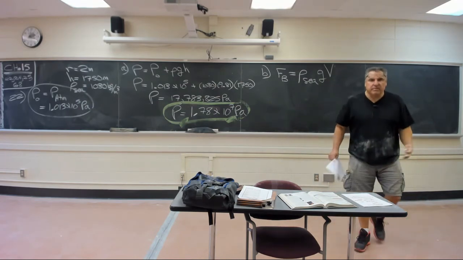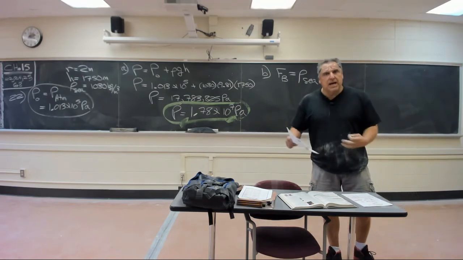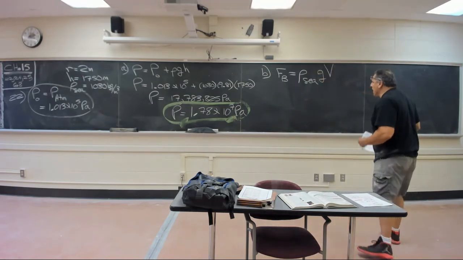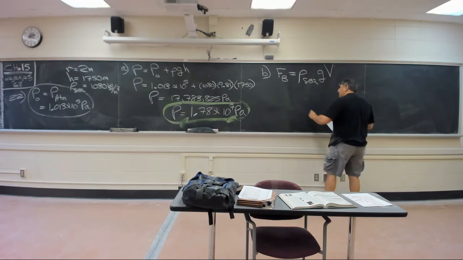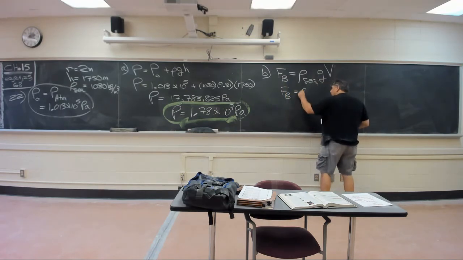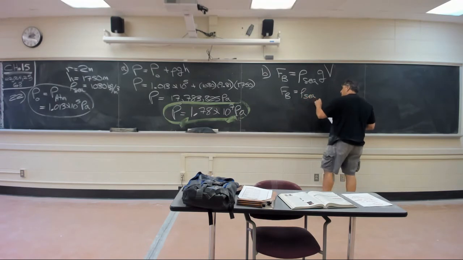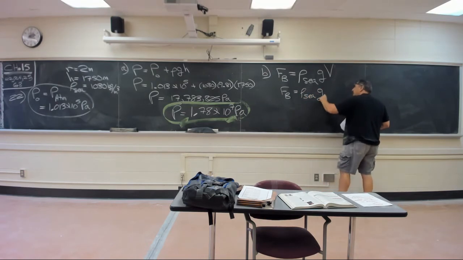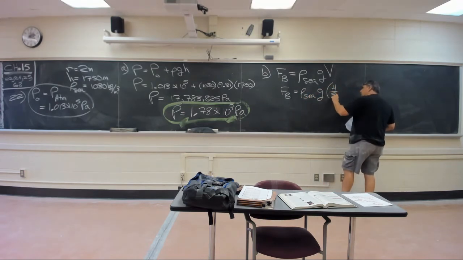We've done this. This is what we were talking about the whole time up to this point, right? We were talking about this, the buoyant force associated with Archimedes' Principle. How about rho of the sea, g, the volume is 4/3 pi r cubed.